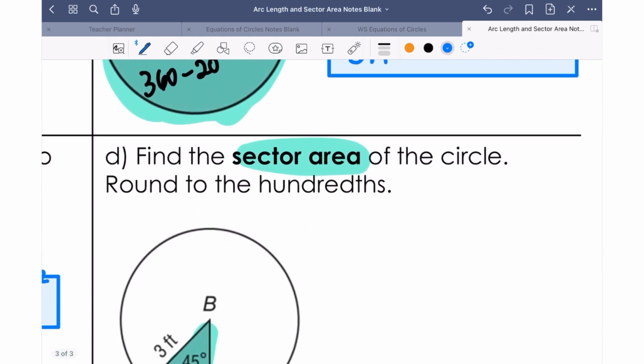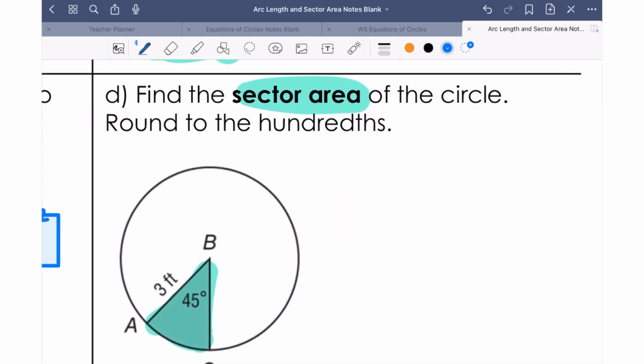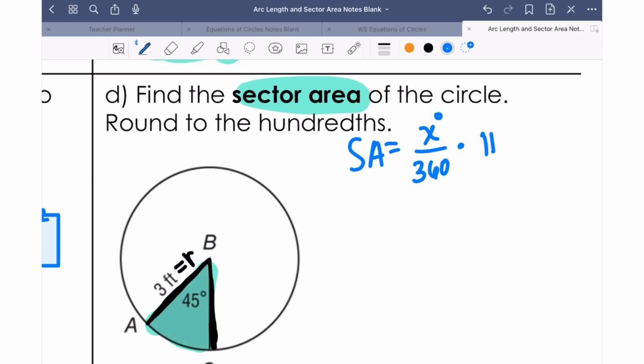Okay, the last one is a little section of this circle. This one is telling me that I have a radius of 3 feet. And this section is 45 degrees opened. And now we can plug it in. Surface area equals the portion out of the whole circle times your area, which is pi r squared.